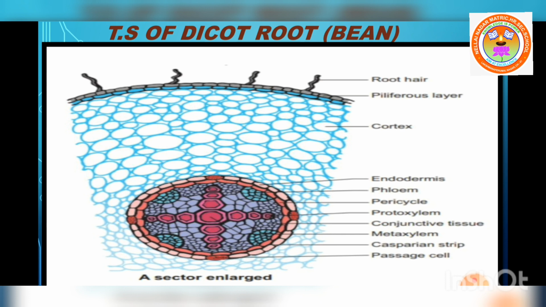Except passage cells, the remaining endodermal cells have Casparian strips because the radial and tangential walls are deposited with suberin. It is called Casparian strip, named after Caspary, who first noted the strips. The major function of Casparian strips is to prevent the re-entry of water once the water enters into the xylem.